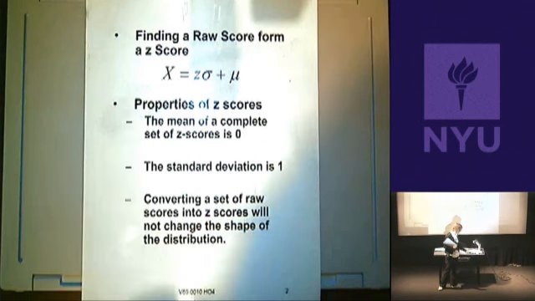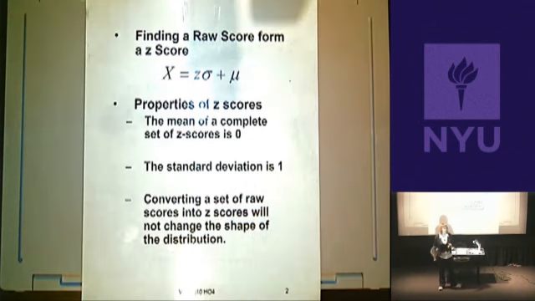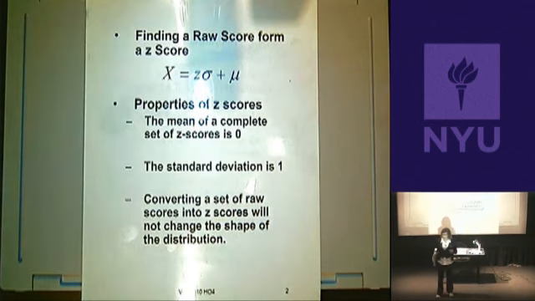Now, let's say I had a z-score, but I wanted to find out what the raw score was. Let's say somebody has an IQ of 130. Well, 30 is how many standard deviations above the mean? 2, right? Sorry, I think I said that backwards, brain is Monday morning.